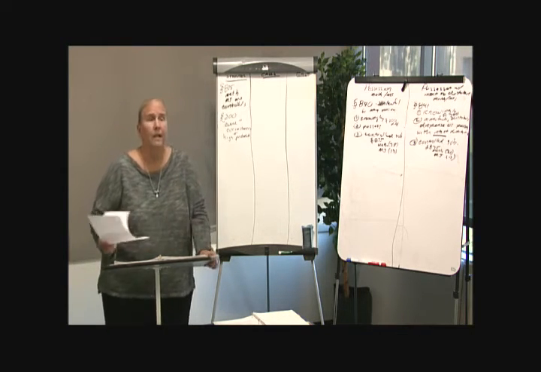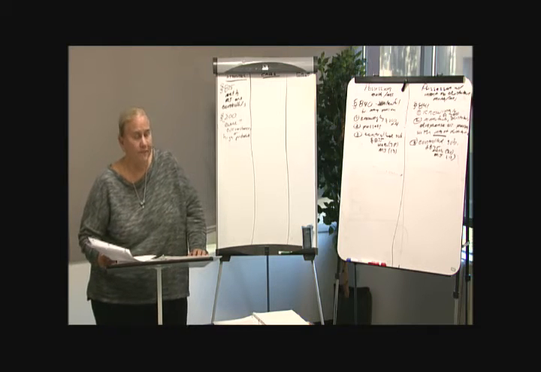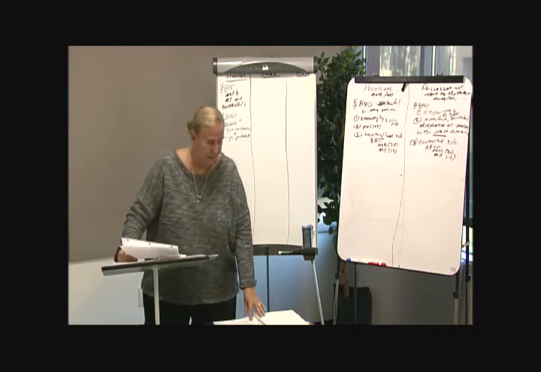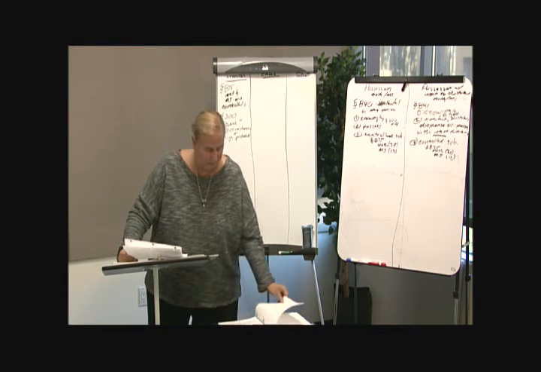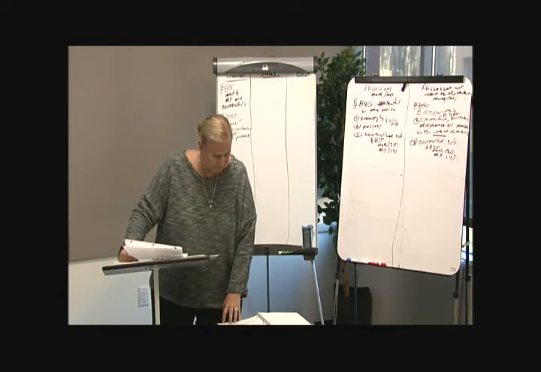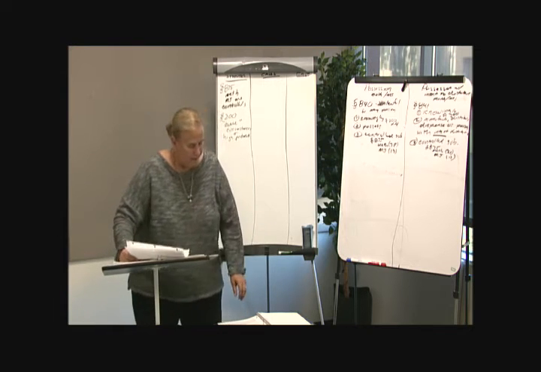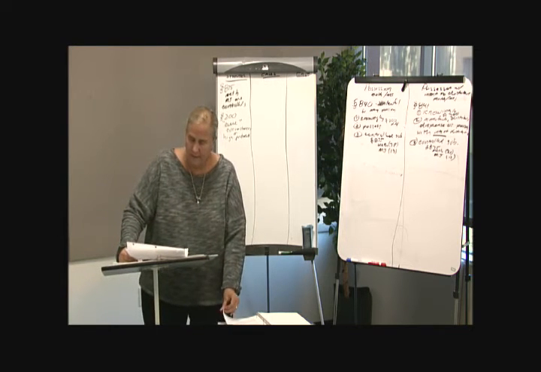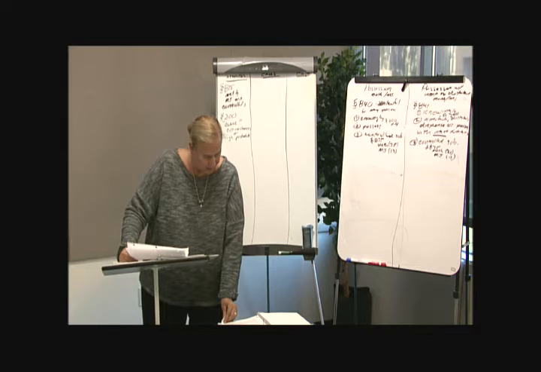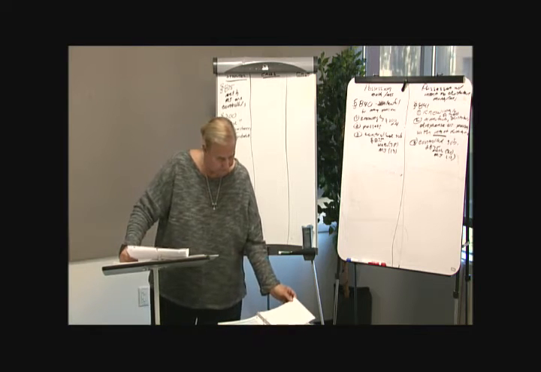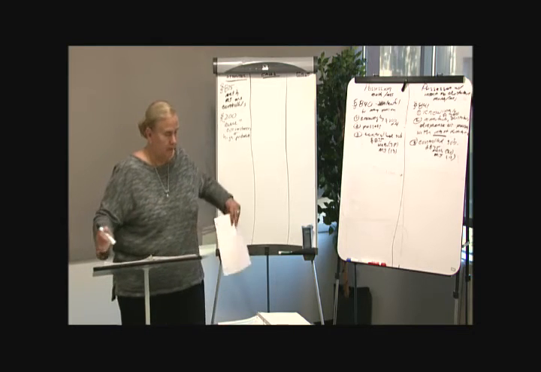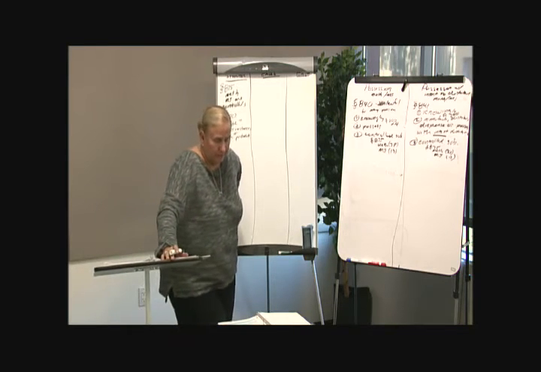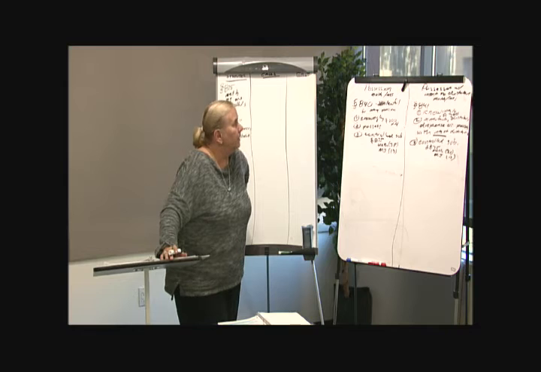We have one case, but as I said, it has cases within the case, and we need to think about those. So let's look at State versus Jones. If you look at the second page of the case, they tell you a couple of things.